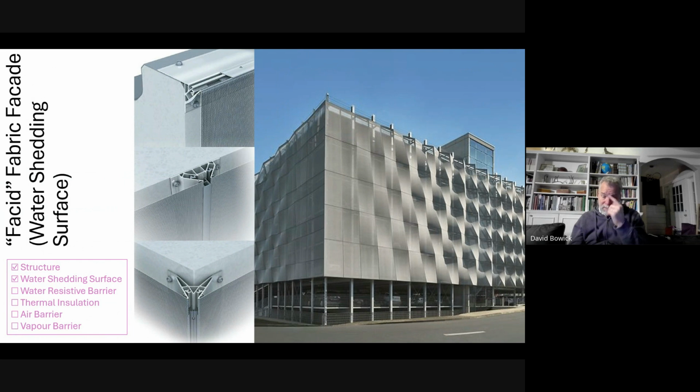The fabrics that are used in a system like this are generally uncoated fabrics, so they're air permeable, but they do cut down the wind a great deal, and you don't seal the edges or anything. It really is the water shedding surface, but you can see from the details just how minimal the details are. You're not seeing any of the shenanigans. That's all hidden behind the fabric.